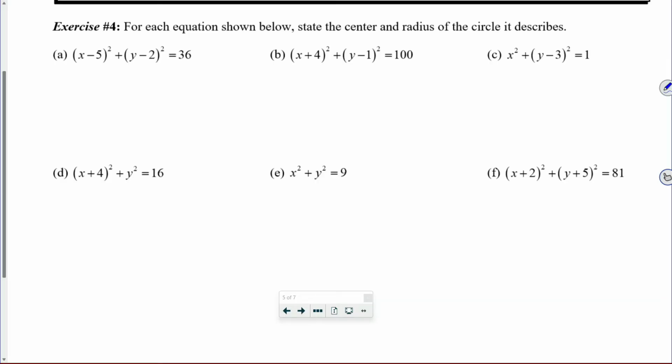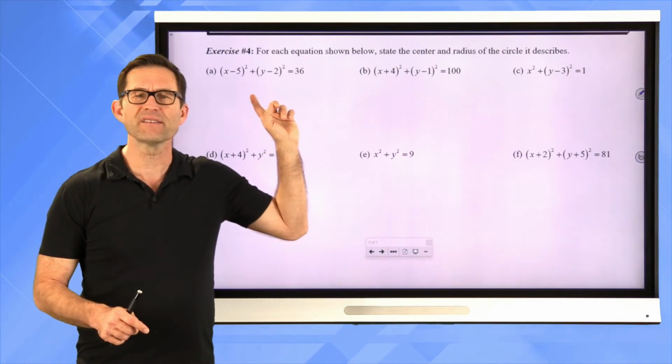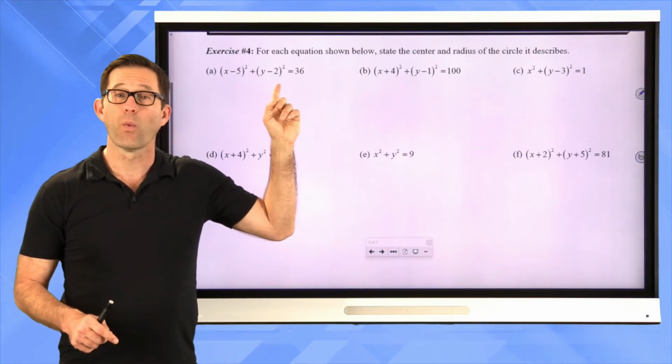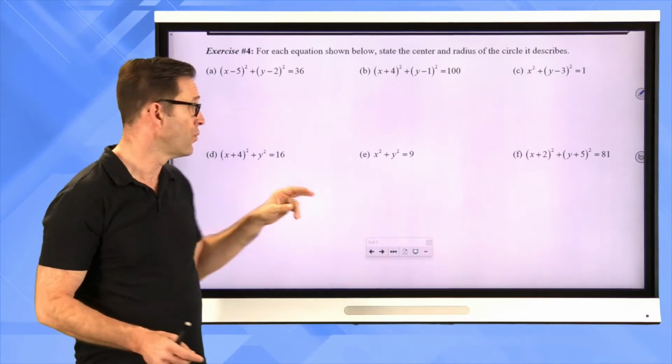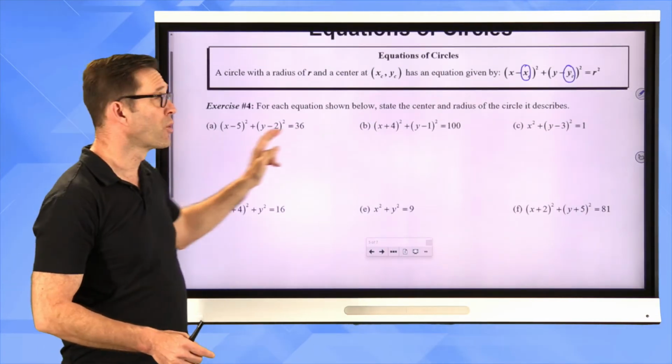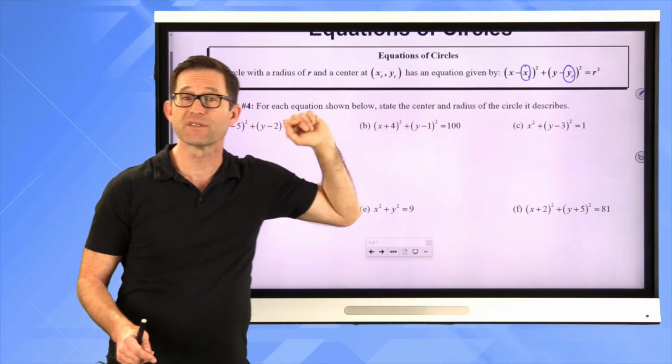Let's take a look at exercise number 4. For each equation shown below, state the center and radius of the circle it describes. All right, so letter A is easy. I've got x minus 5 squared plus y minus 2 squared is equal to 36. Again, we're going to subtract off the coordinates of the center of the circle.